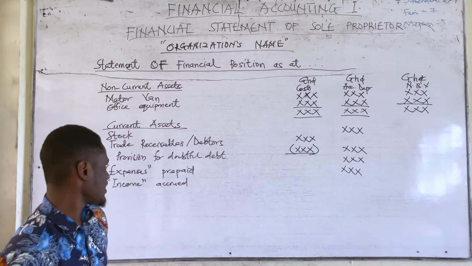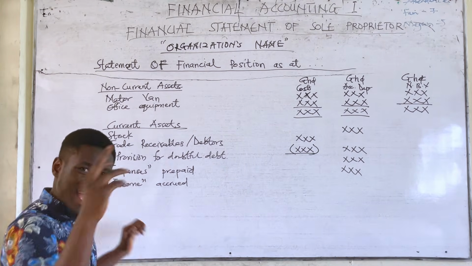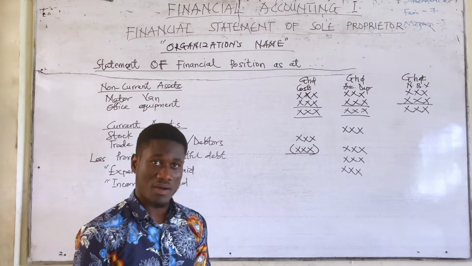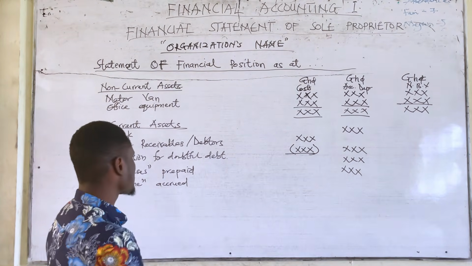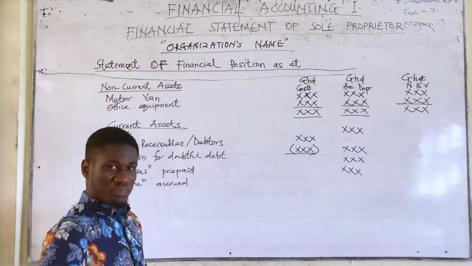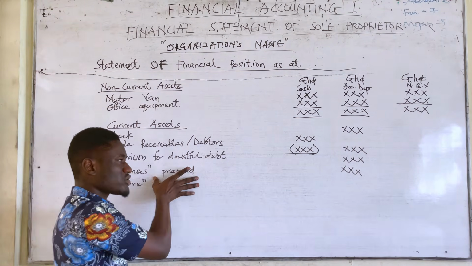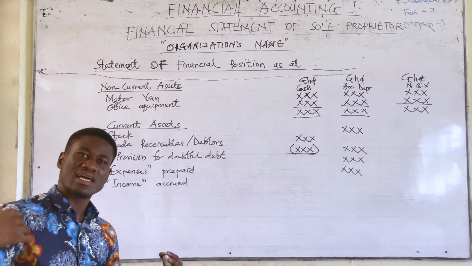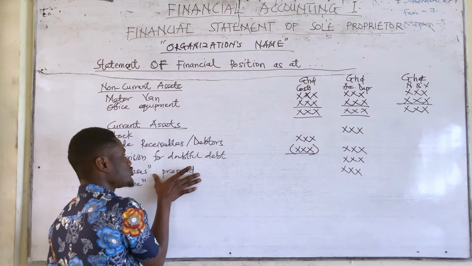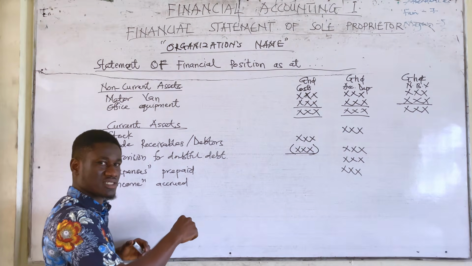What am I trying to say? These expenses can be any expenses listed in the trial balance. They can tell you that that particular expense is prepaid. That prepaid amount relating to that particular expense is what we are going to show here. You get it? But in the profit and loss, we are just going to subtract prepaid from that actual expense.